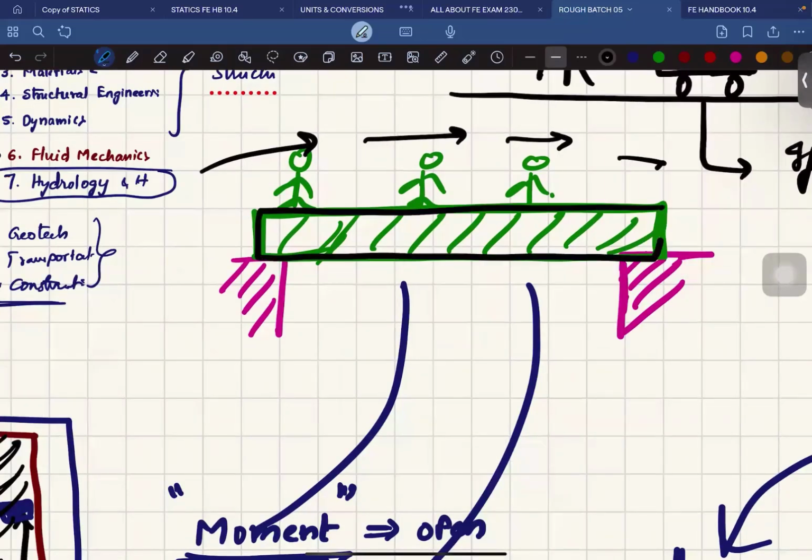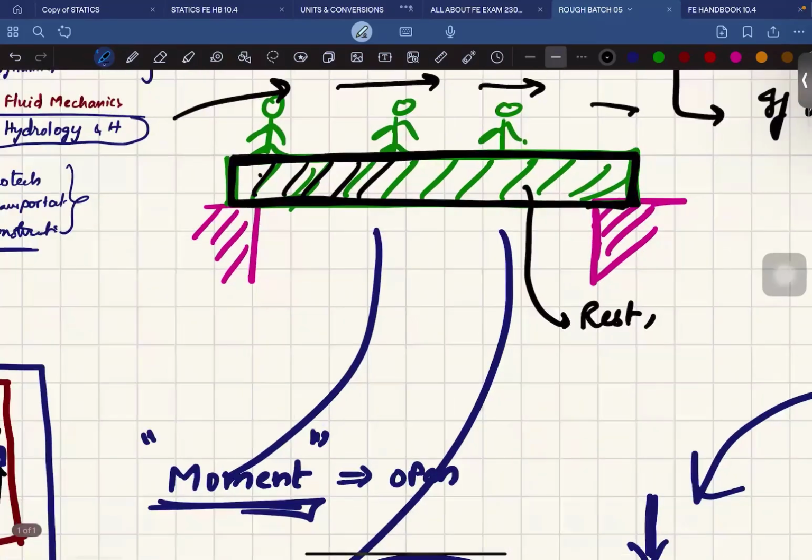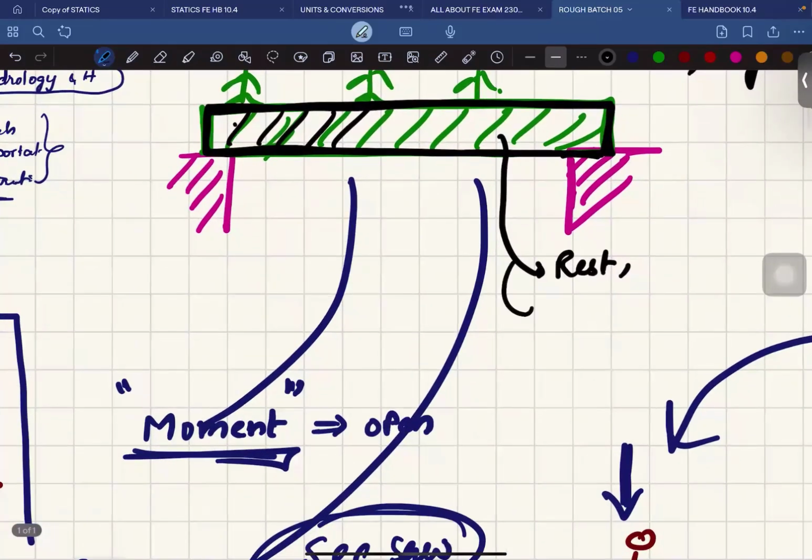It will be at rest. The beam will not move along with the guys. It will be here itself, no matter 100 years or 50 years. So we can say the beam is at rest, and we can apply equilibrium equations on the beam. Got it?